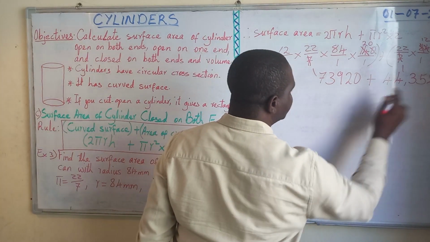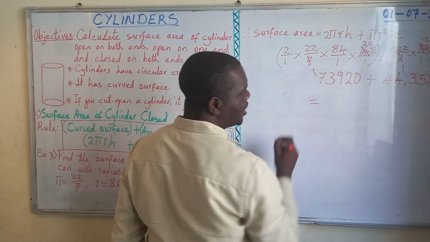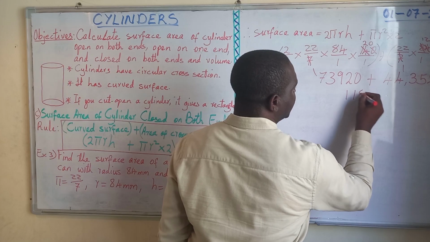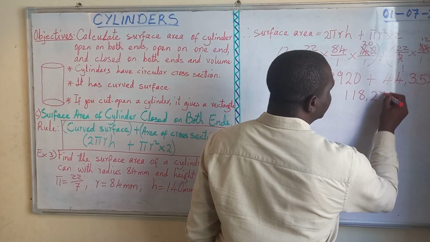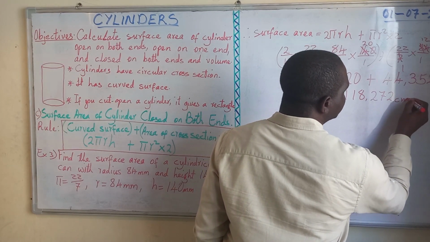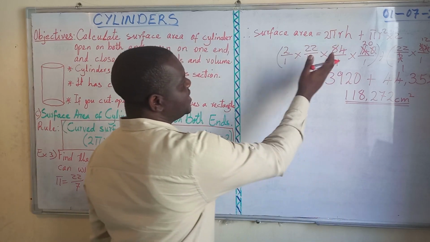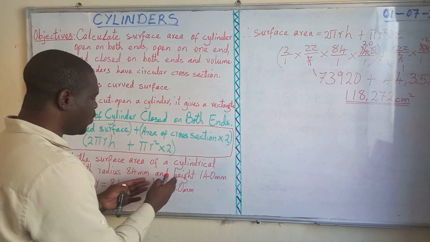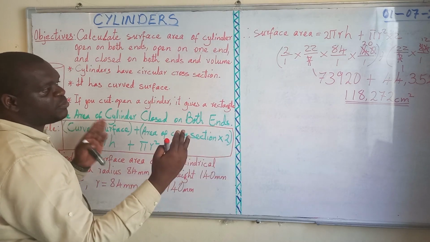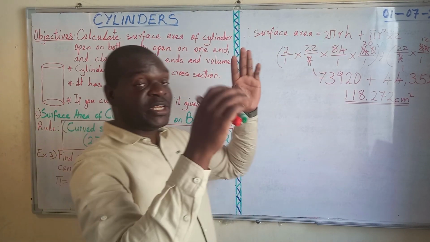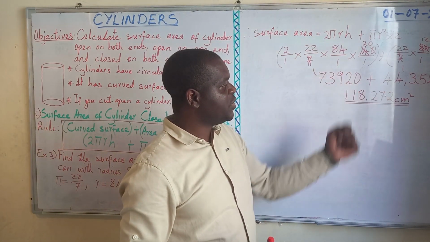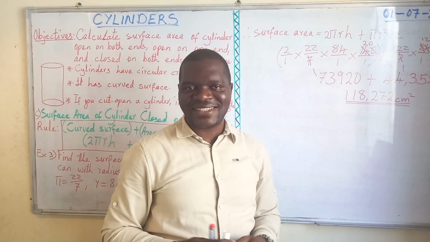And if you add this together, it's going to give us a total of 118,272 centimeters square. This is the case where the cylinder is covered on both ends and you're asked to calculate the total surface area. This is what is going to give us as far as the answer is concerned.